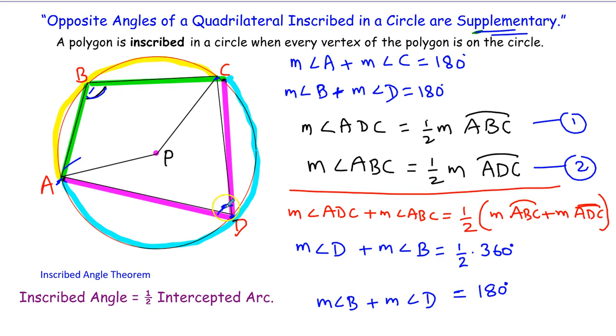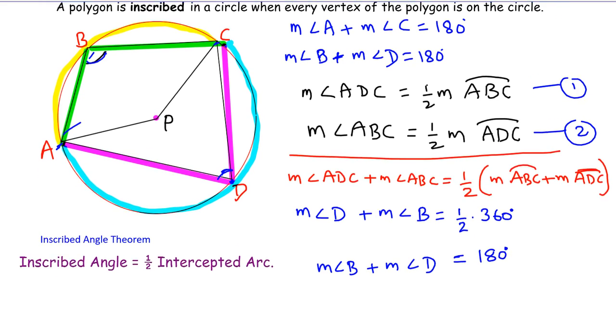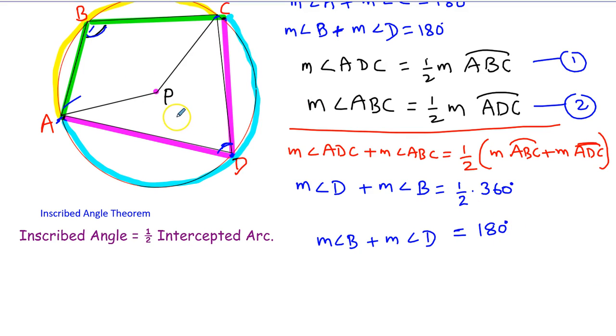Similarly, now you know that in any quadrilateral, the sum of the four angles is 360. So out of the four angles, if the two angles total is 180 degrees, then from 360, take away 180, you will get the remaining angles total is 180. So I can just say that the measure of angle A plus the measure of angle C is equal to 180 degrees.